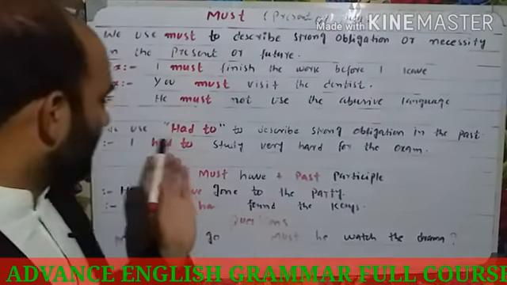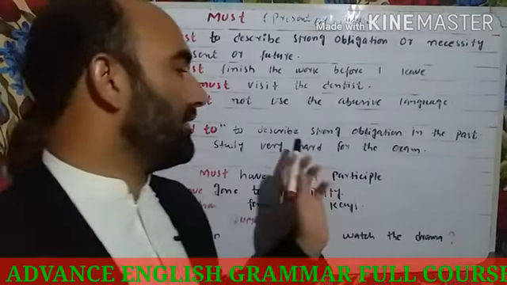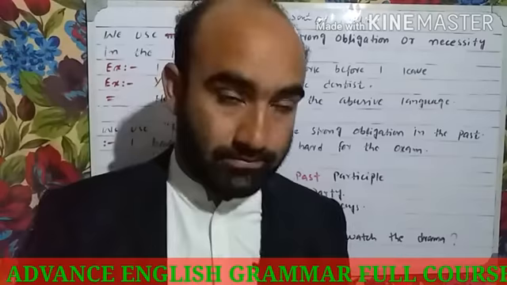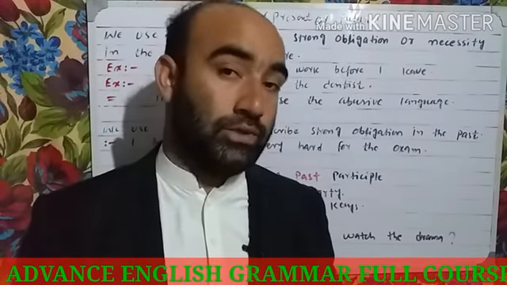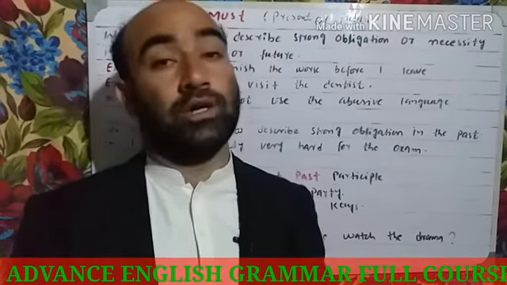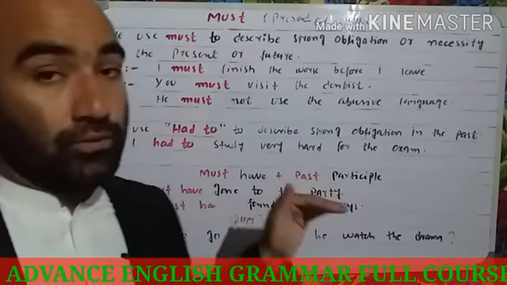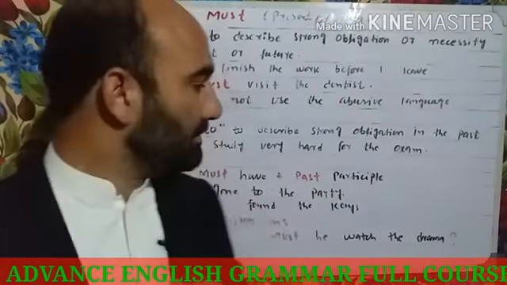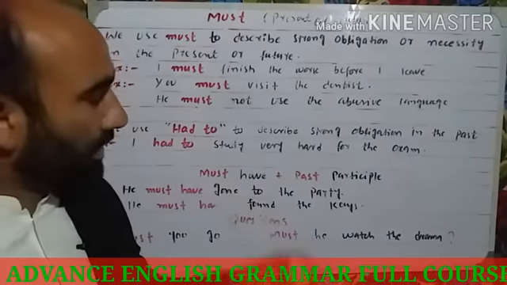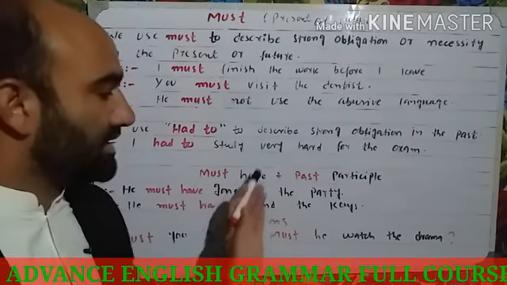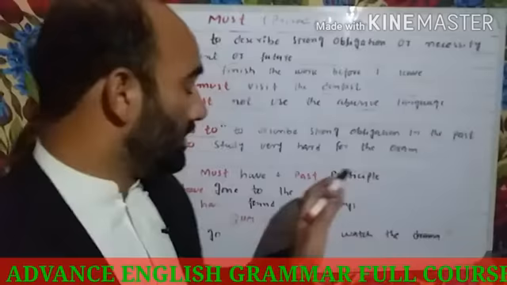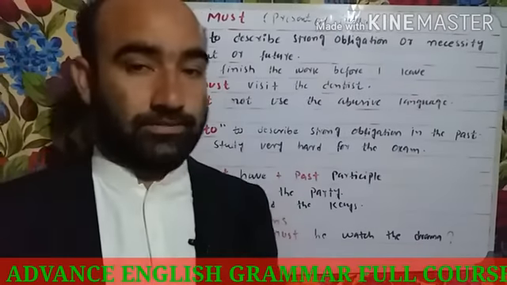Okay? For example, I had to study very hard for the exam. Now you are regretting, you had to do that, but you did not. So for the past obligation, we use had to. Okay? And for the past, we use must have plus past participle.